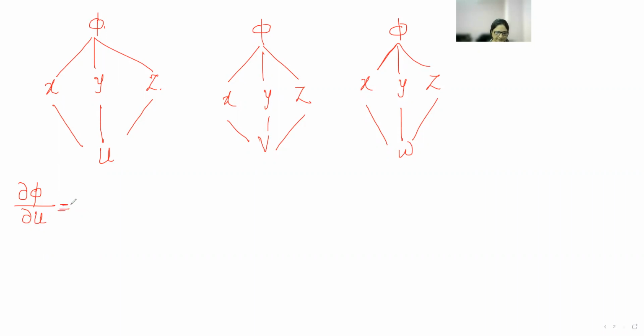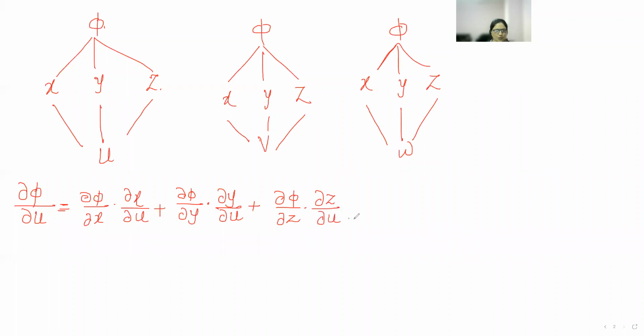By using chain rule, first dou phi by dou x into dou x by dou u, yes, correct, plus, going with this y, dou phi by dou y into dou y by dou u plus dou phi by dou z into dou z by dou u. First one over. I complete first.